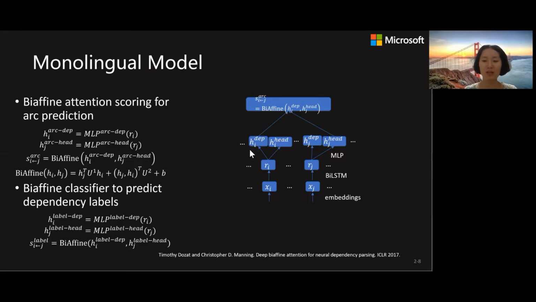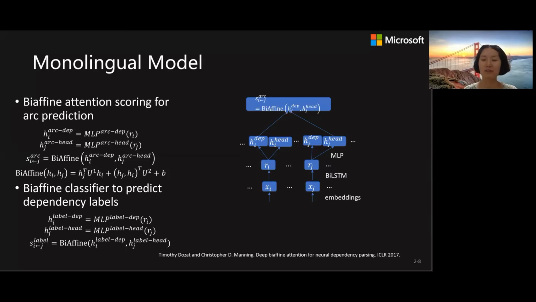Next, for each candidate arc i, j, which is composed of token i and token j, and represents the arc from j to i, we evaluate its arc score by applying a biaffine attention model on two vectors, h-dep of token i and h-head of token j.